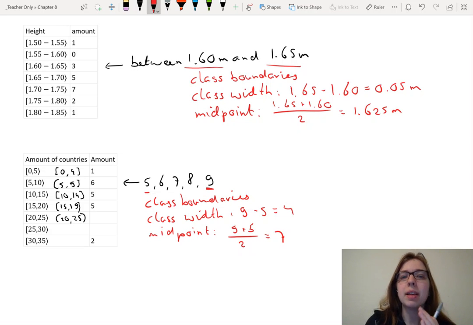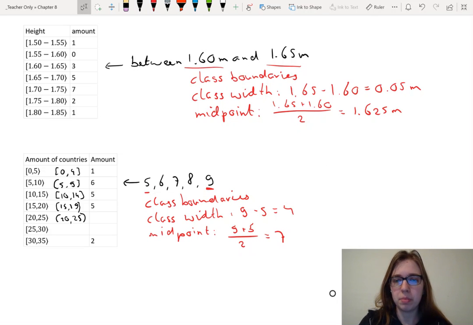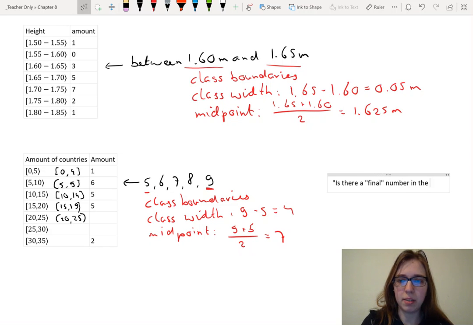The final number we can get, there is a final number, and that's 9. And then we take that as a class boundary instead. So the question is really, is there a final number in the interval? And that is what you have to keep in mind there.